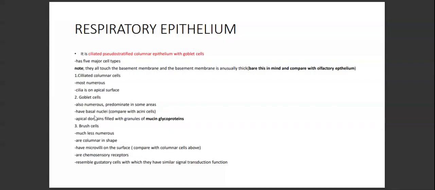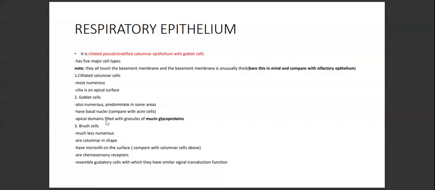These goblet cells, their function is to produce mucus. In other words, they're mucus-producing cells. Their nuclei are at the base. Compared to the ciliated cells, these have basal nuclei, but the ciliated cells have apical or central nuclei.